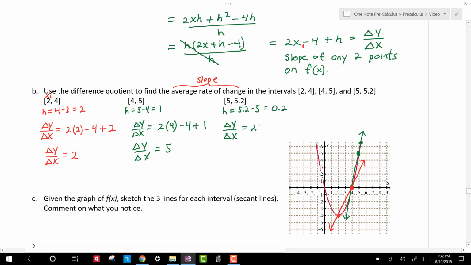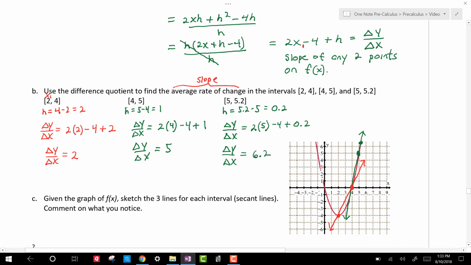So 2 times the first value in the interval, x1, that's 5, minus 4 plus 0.2, and that gives me a delta y over delta x, or a slope between those 2 points, of 10 take away 4, which is 6, and 6 plus 0.2, which is 6.2.